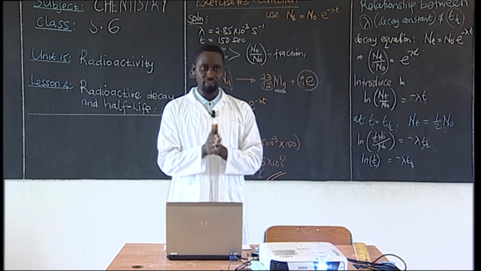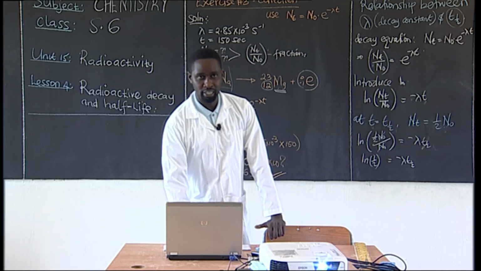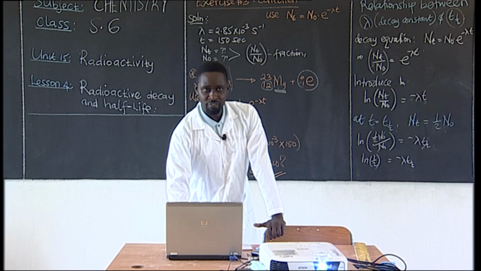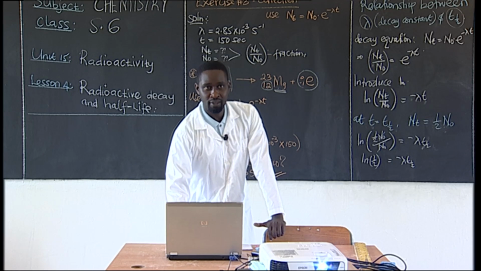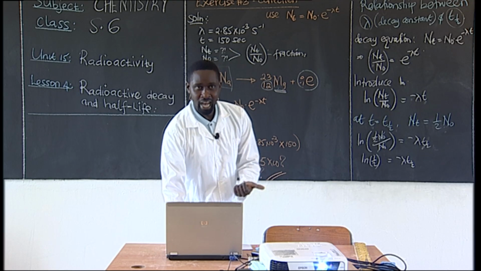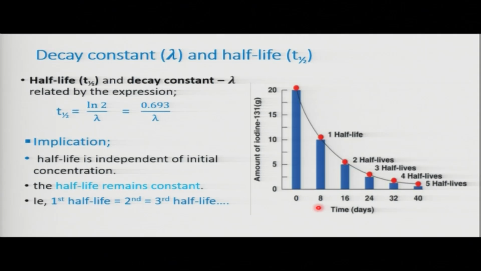So if you're having, for instance, let's use iodine as we have it in our illustration. If you have 20 atoms of iodine-131, which is radioactive, its half-life is 8 days, as we noticed. So after 8 days, the 20 atoms will have reduced to 10 atoms.